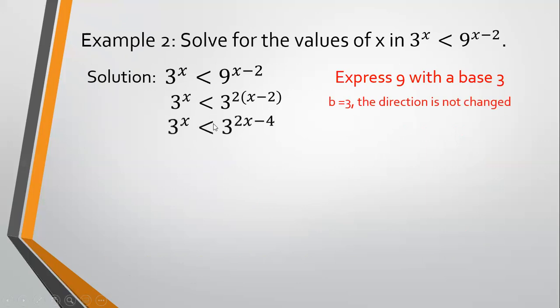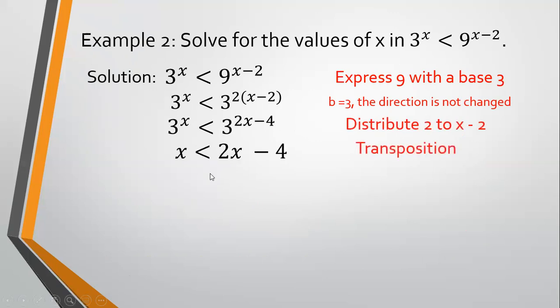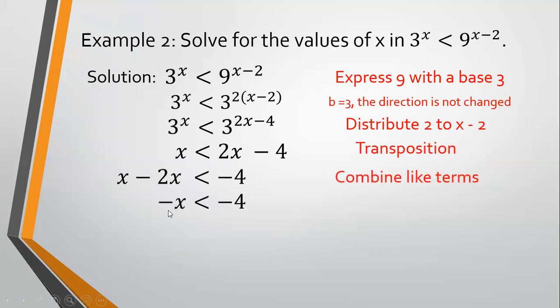So solving for x, distribute the 2 here. Then getting only x by transposition, we have, but now look at the numerical coefficient of x. As we have said in the rules, if you divide or multiply by a negative number, you need to change the symbol. Therefore, x here is greater than 4.